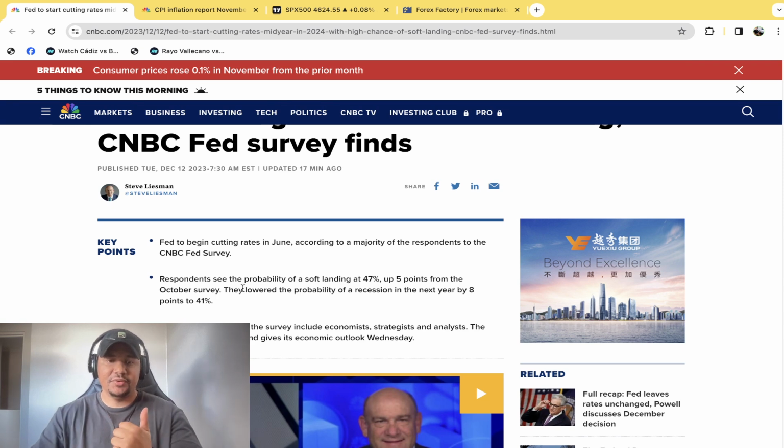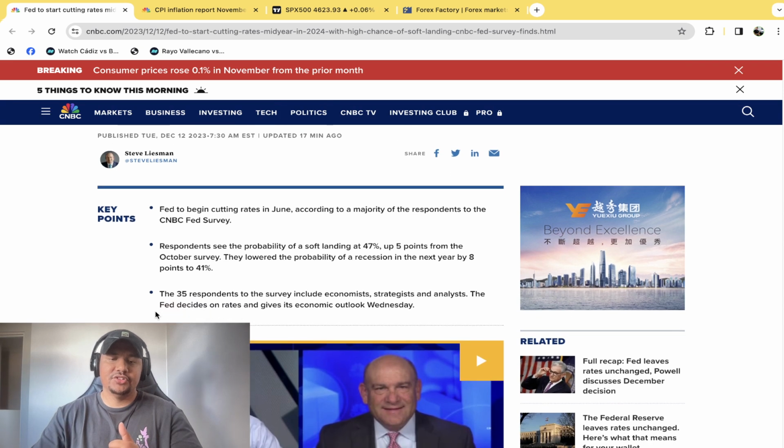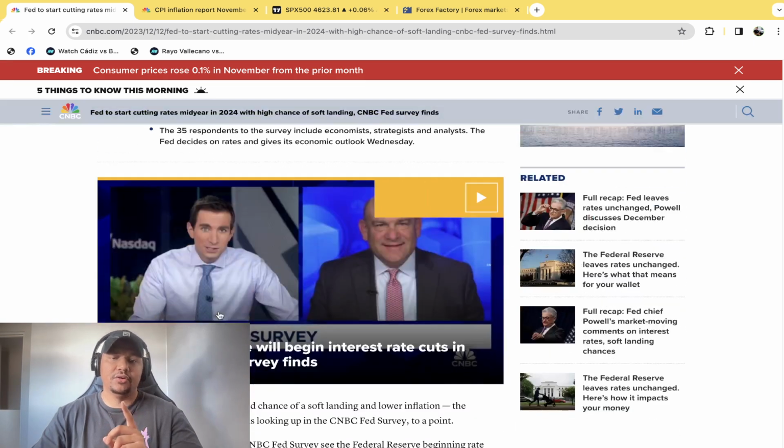It says here respondents see a probability of a soft landing at 47%, up 5 points from the October survey. They lowered the probability of a recession in the next year by 8 points to 41%. Now, it says here the 35 respondents to the survey include economists, strategists, and analysts. The Fed decides on rates and gives its economic outlook on Wednesday.